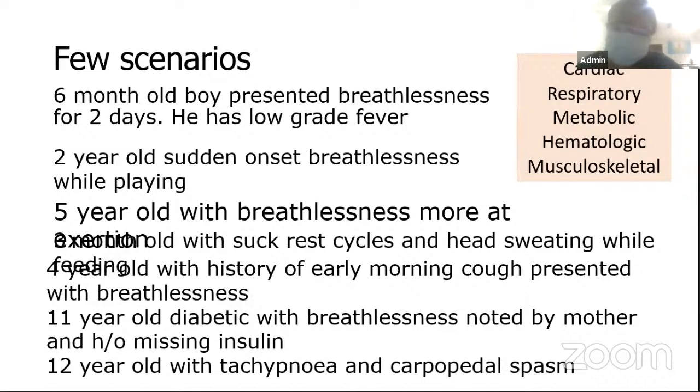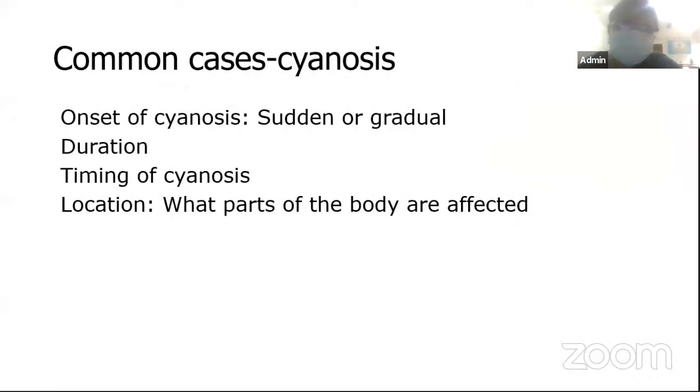A 12-year-old with tachypnea and carpopedal spasm: tachypnea and carpopedal spasm is usually associated with conversion disorder. The carpopedal spasm is due to hypocalcemia, but it's not true hypocalcemia; it's like a false hypocalcemia.